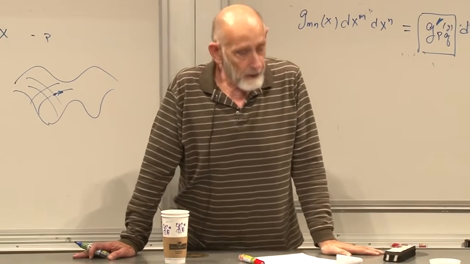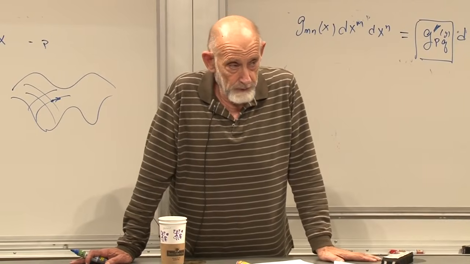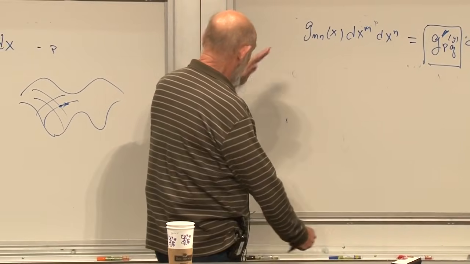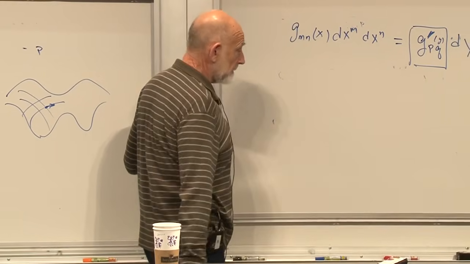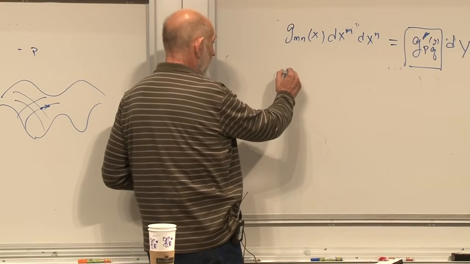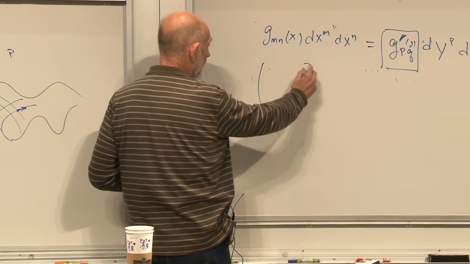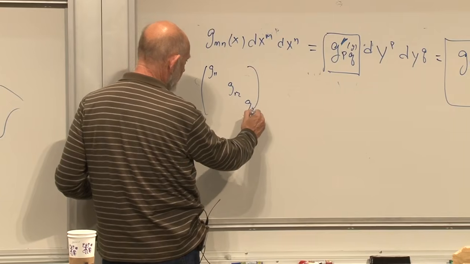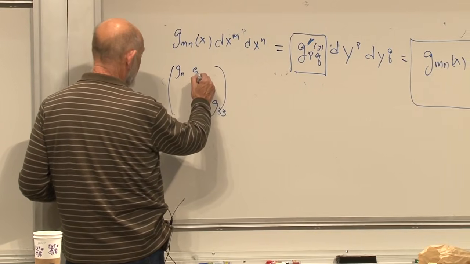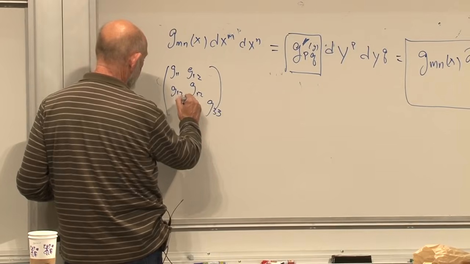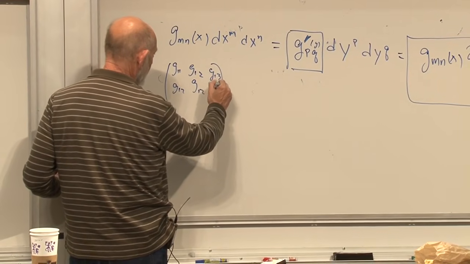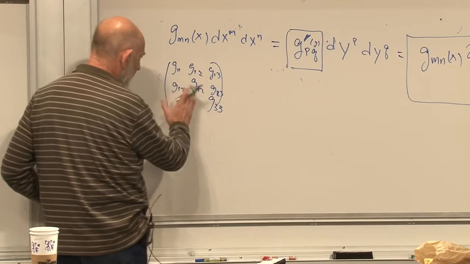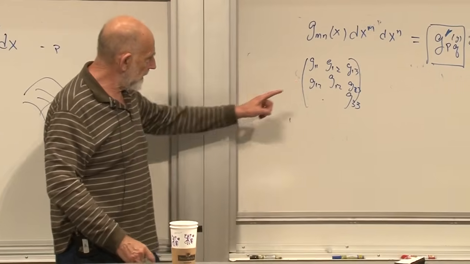Now, the metric tensor is also just a matrix. It's a matrix with mn indices. This is just a matrix, Gmn. G11, I'll write it in, for three-dimensional space, G33, G12, G12, G13, G23, and furthermore, it's a symmetric matrix.